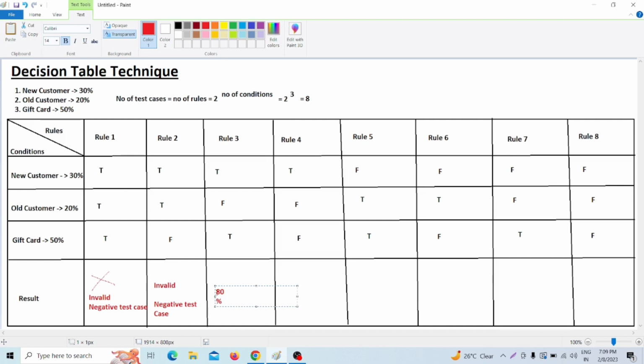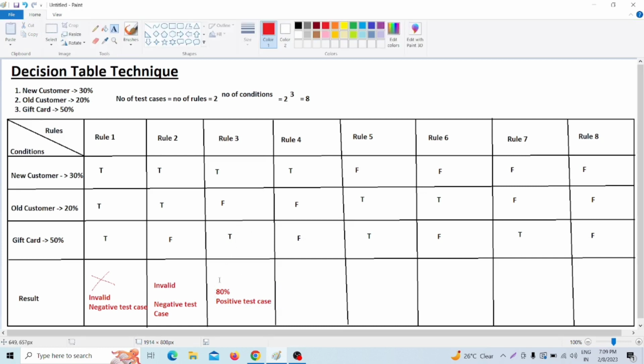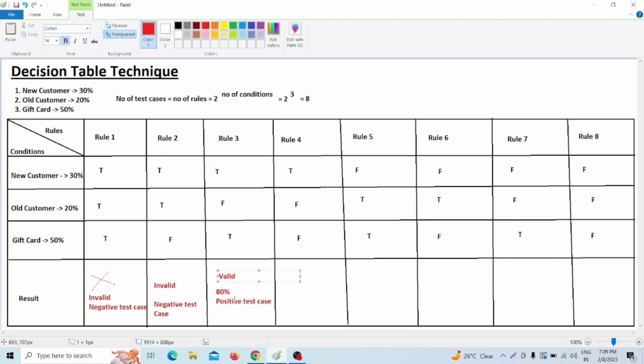That means it's a positive test case. Clear? Because that means it's valid. It's a valid test case.